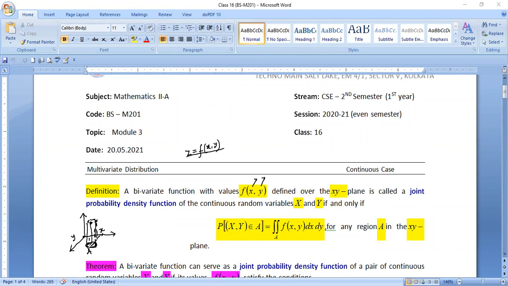That area is denoted by capital A, and this has been written over here.